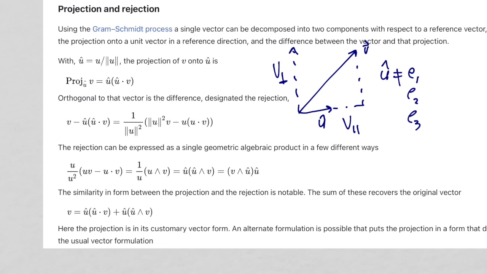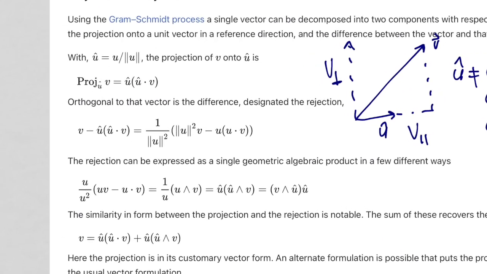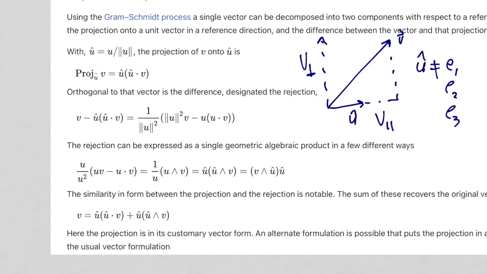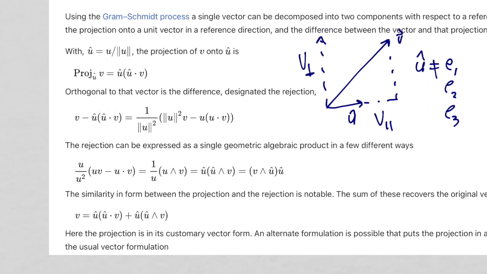And this is one of the places where some of the notation gets a little bit annoying, right? U hat can be identified by any vector u. If you divide by its magnitude, it suddenly becomes a unit vector. So sometimes you see formulas that are done just in terms of unit vectors, like this one, and then sometimes they give you the regular vector and they normalize it.